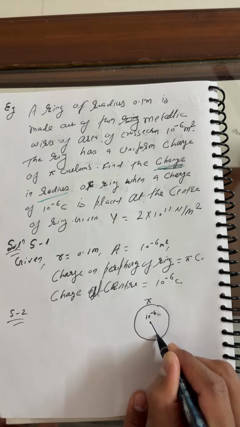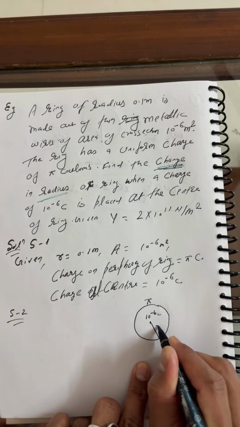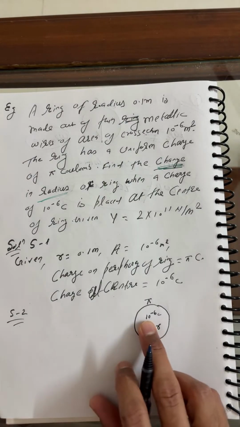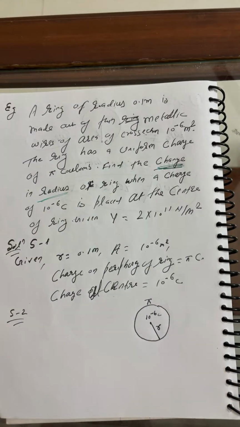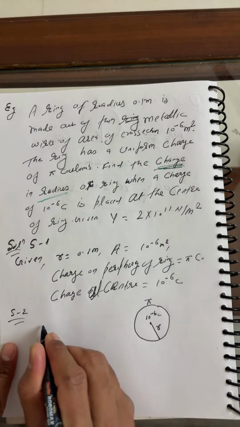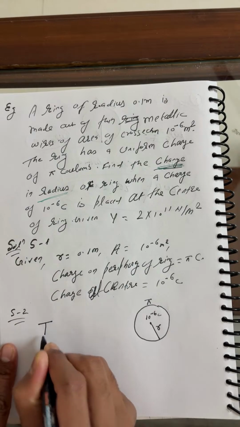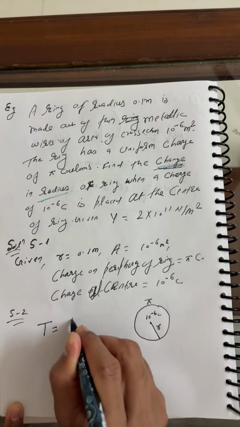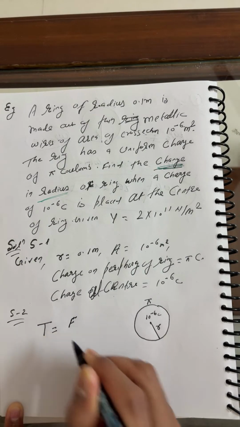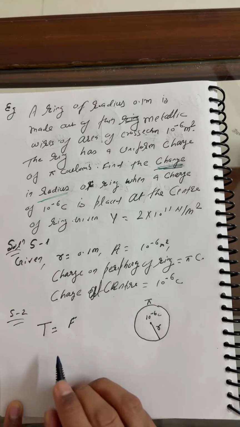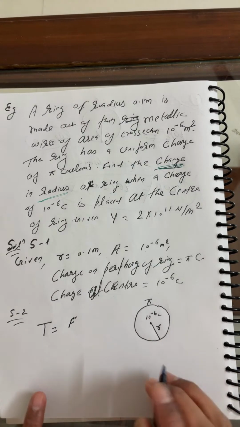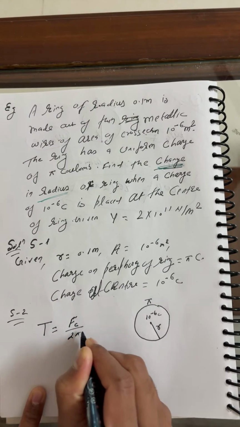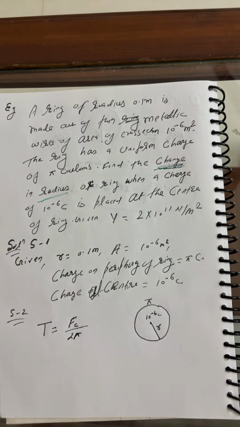I have taken small r; you can also take R as the radius of ring. In the last class, I already proved this result, but here now I'm going to use it directly: tension in a rotating ring, or tension in a ring. Simply you can write it as a short trick. As a short trick, always write tension in a ring as Fc upon 2 pi. It's highly required.